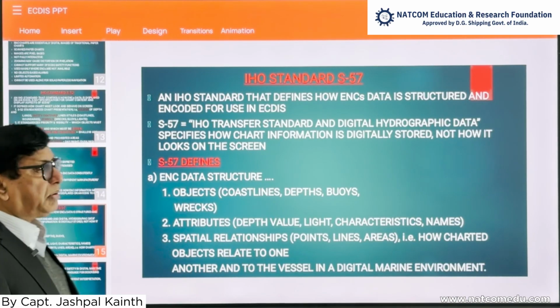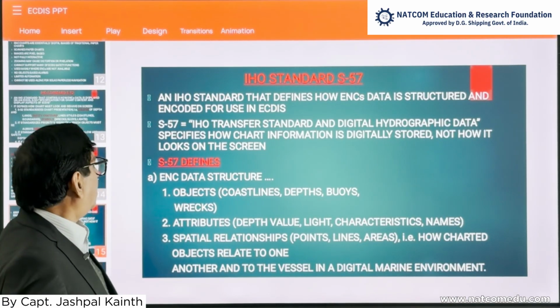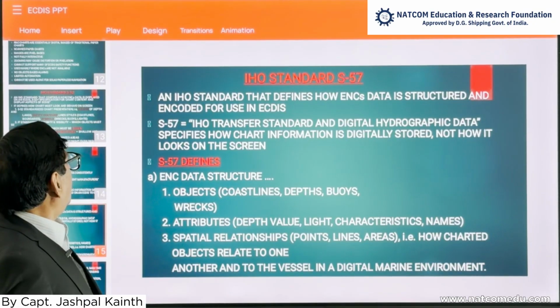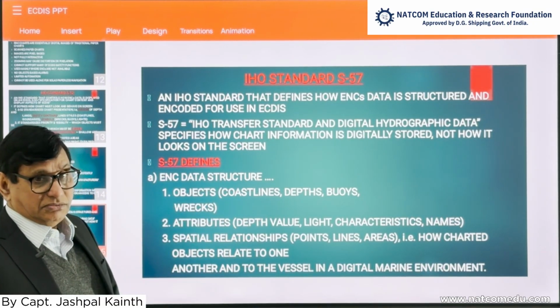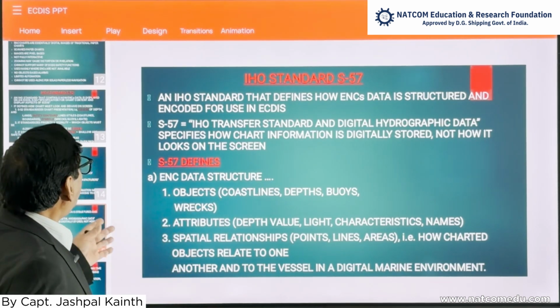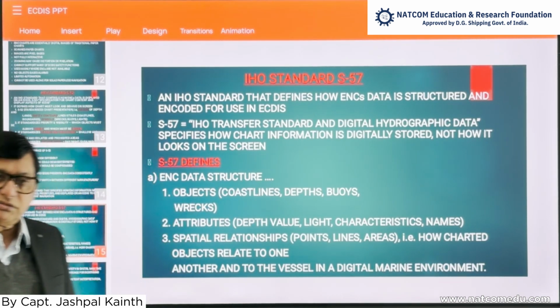The next standard by IHO is standard S57. What is it? An IHO standard that defines how ENC data is structured, very important, and encoded for use in ECDIS.